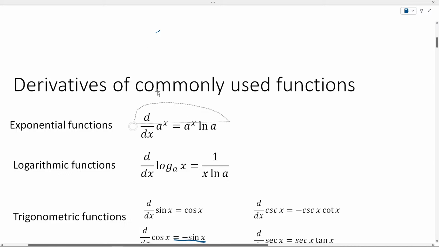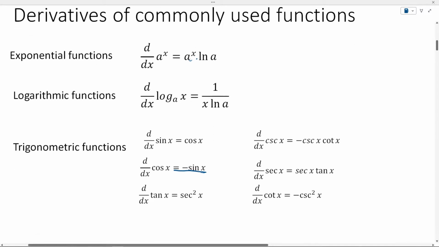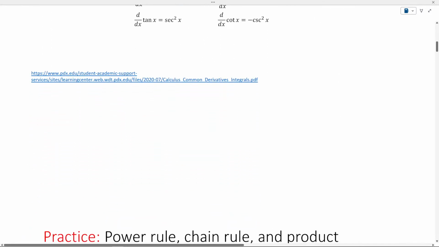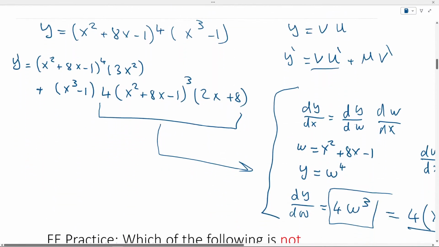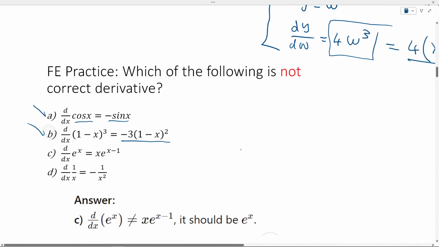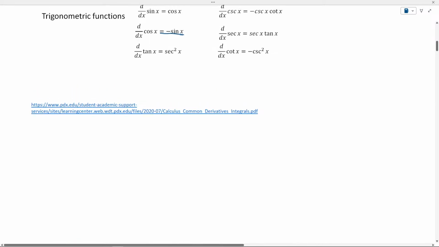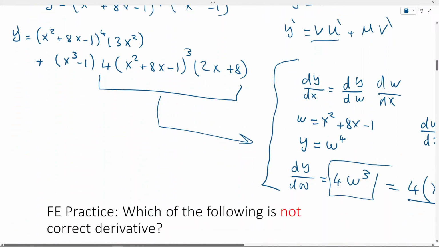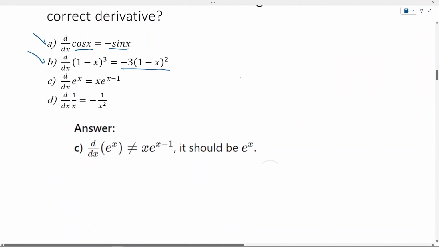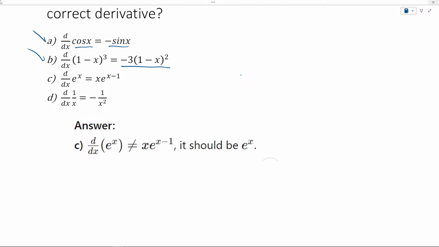I cannot select this, but that is fine. If I cannot select it, I can just write down the rule and then try to apply it.